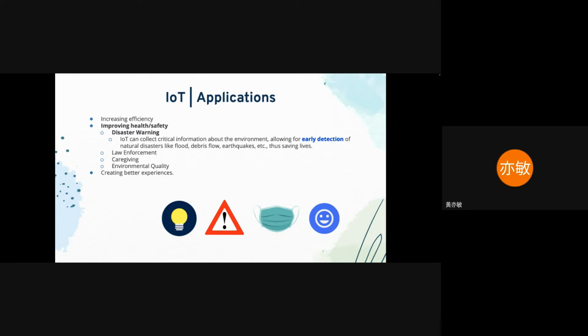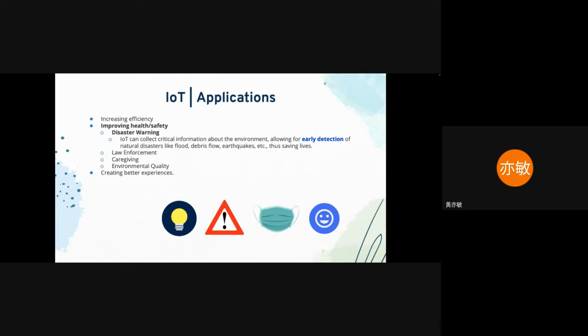Another example is earthquake. Currently we cannot predict the occurrence of an earthquake with today's technology. We're still working on that. We still need to find different methods to help us predict the occurrence of the earthquake. Nevertheless, IoT with the WSN can help us collect the data.